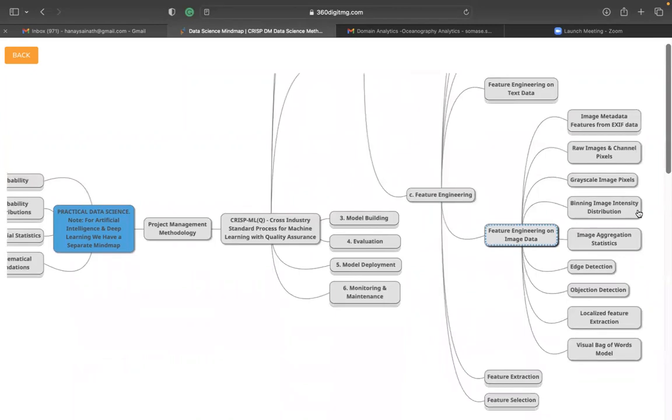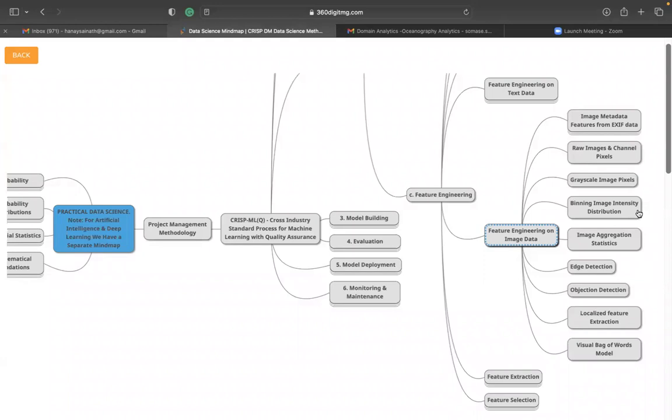Here we have image metadata features from the EXIF file, EXIF data, or we can call it the raw image or channel pixel, or image intensity distribution also. So here we have image aggregation statistics, edge detection, object detection, or localized feature extractions.